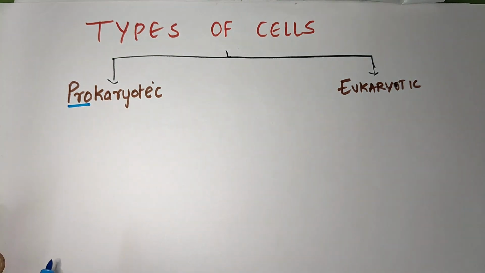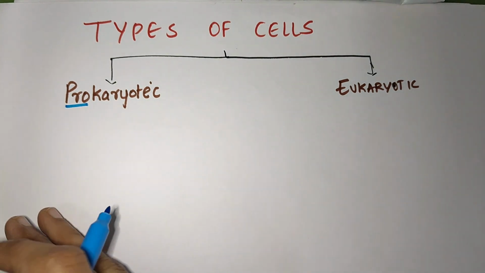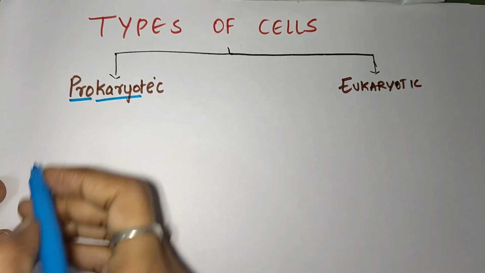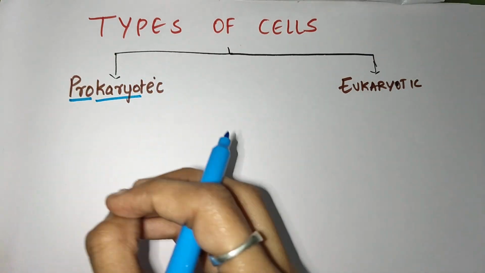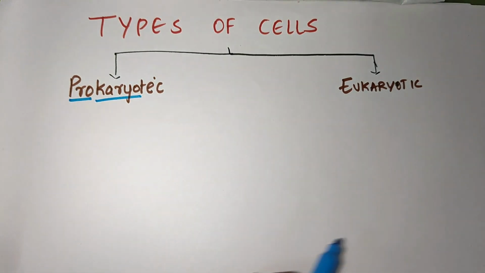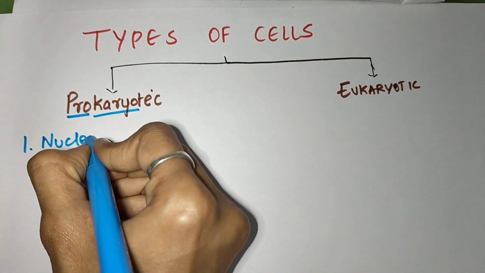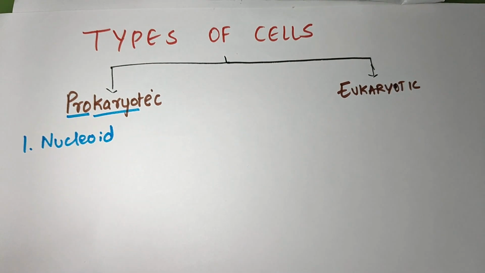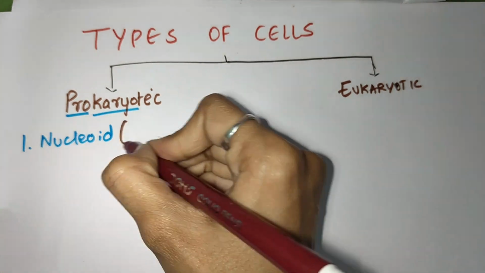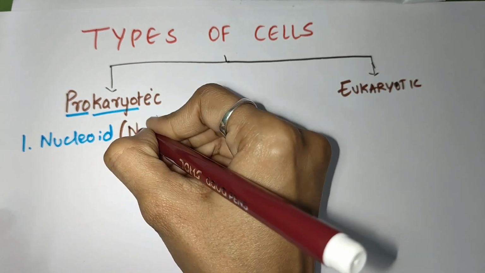Pro means before, right? Nucleus. It means it doesn't have any nucleus bounded with a nuclear membrane. It just has a nucleoid, which is a nucleus-like structure. Okay, nucleoid is just a nucleus-like structure but not a nucleus.